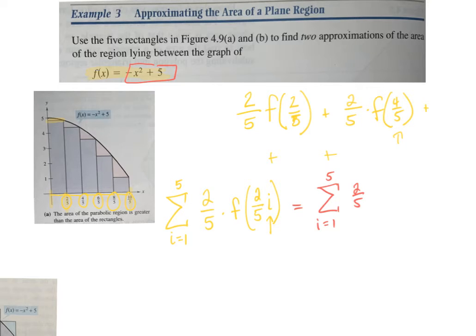The width of each one of those rectangles is the same, 2/5. And instead of f of this value right here, I'm going to plug that in. So that's times 2i over 5 squared plus 5, because that is my function. I just plugged this in, which was my x value, into my negative x squared plus 5. So far, so good?